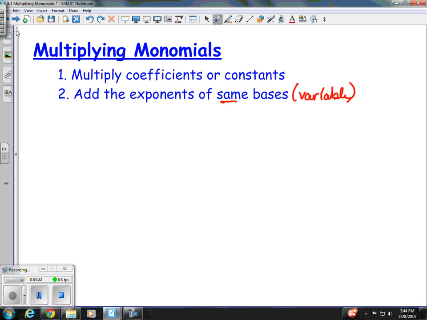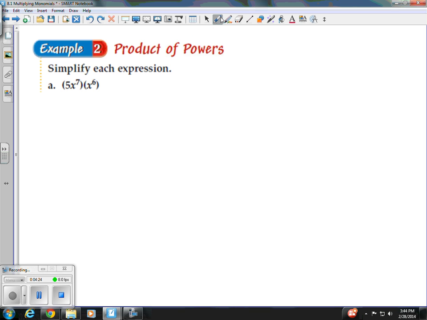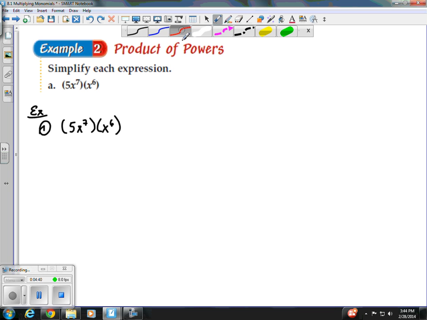So let's see an example of how to multiply monomials. Example 1. We have 5x to the 7th times x to the 6th. First thing we want to do is multiply our coefficients.